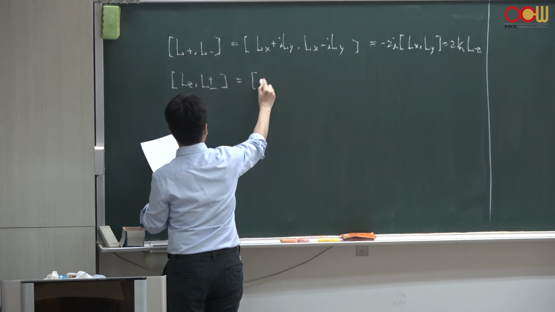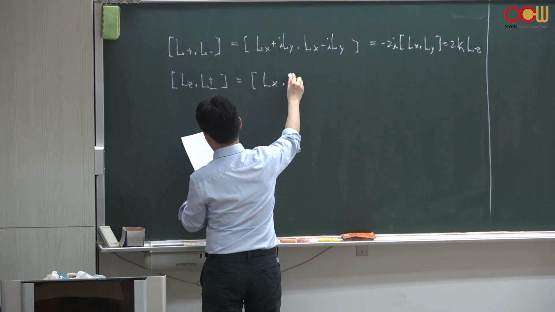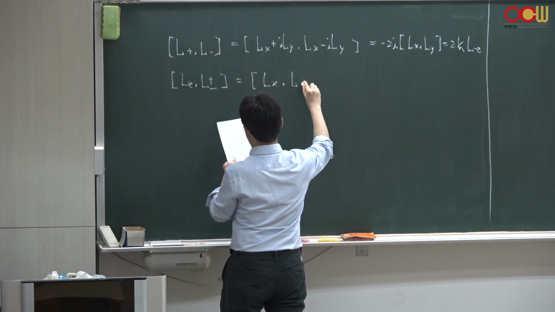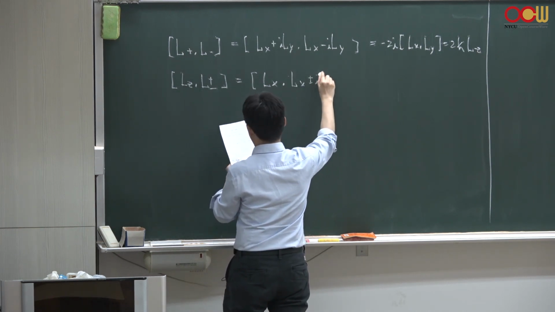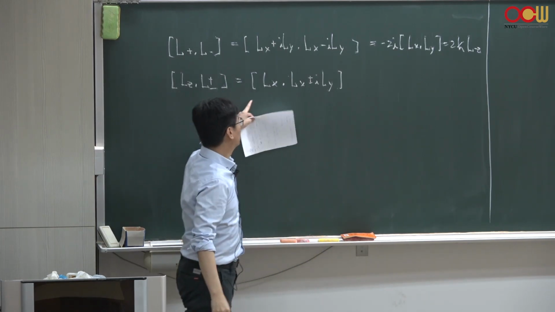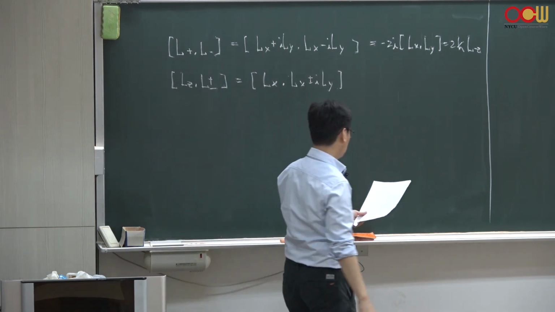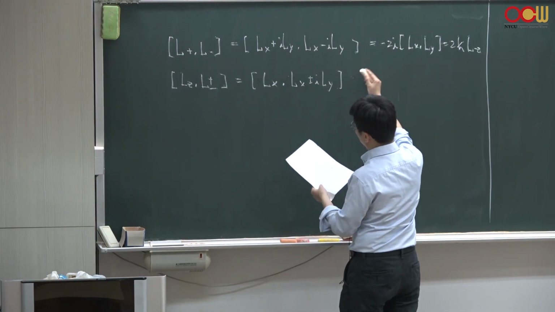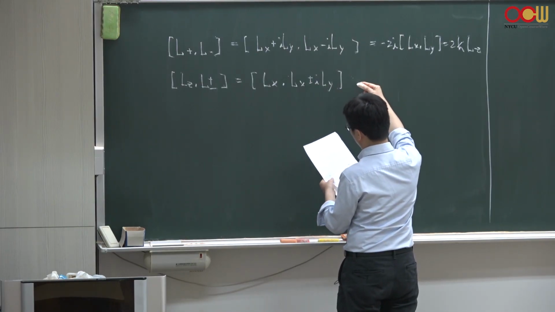Well, this is given by the commutator of Lz with Lx plus or minus i Ly. You simply use the cyclic permutation result for the angular momentum commutation relation.